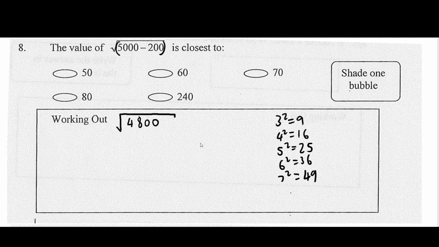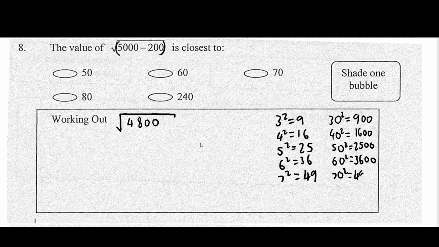Okay, and knowing these square numbers, we can just say 30 squared, that's going to be 30 times 30, which is 900. Okay, 40 squared is 1,600. 50 squared is 2,500. 60 squared is 3,600. 70 squared is 4,900.